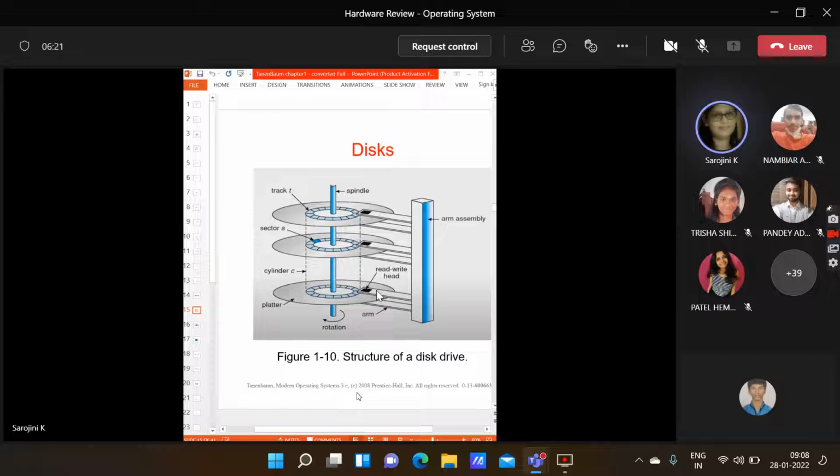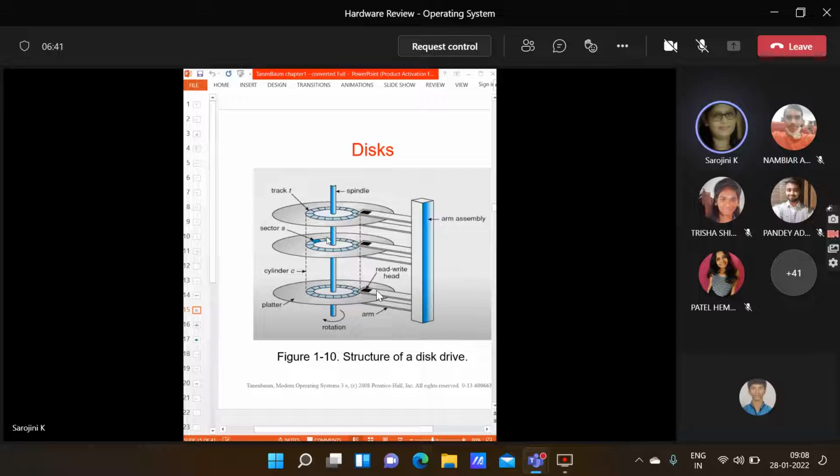The hard disk will not be a single disk like your CD. The hard disk consists of a number of metal platters.